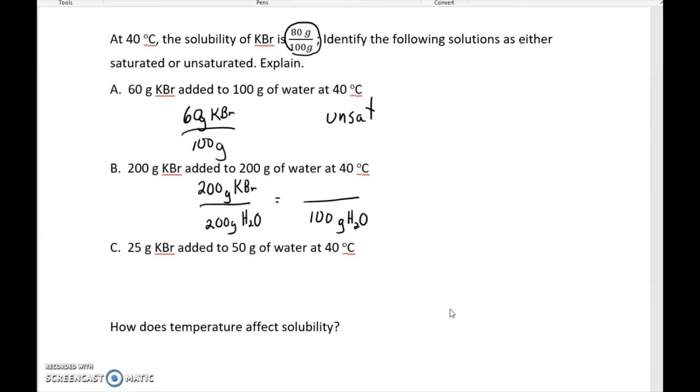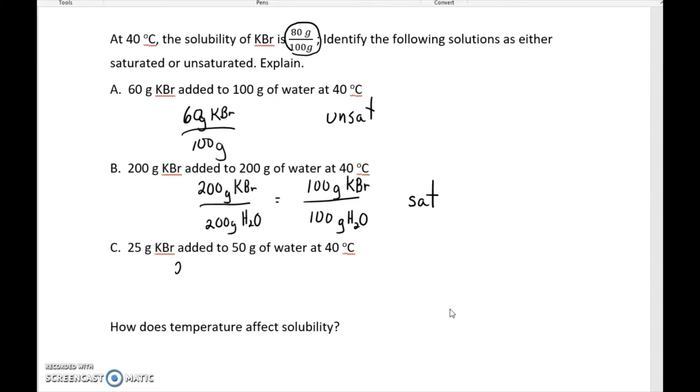So whatever we do to the bottom, we'll do to the top. We'll divide the 200 by 2 and also get 100 grams. And then we can compare it to our given, which was 80 grams over 100. So this has got too much potassium bromide. This will be saturated.